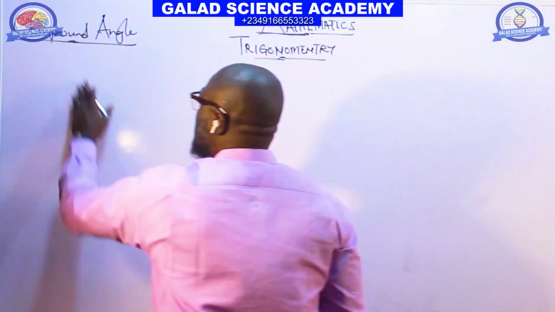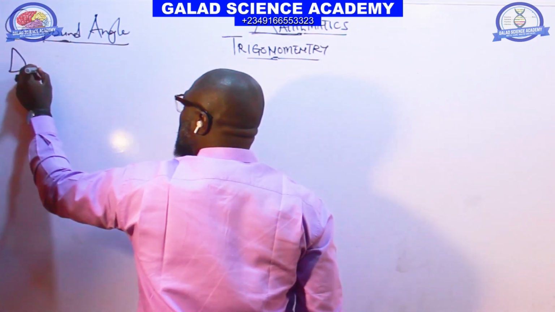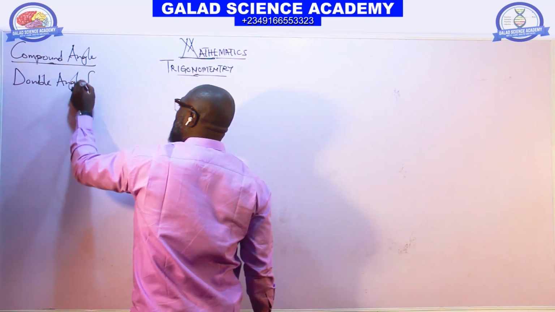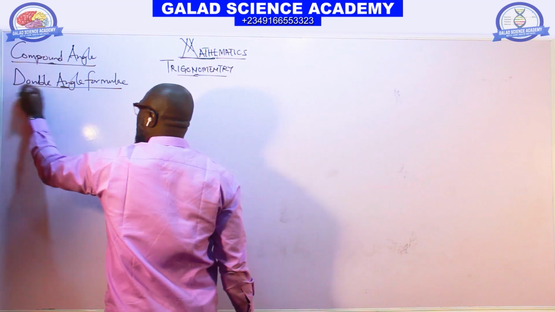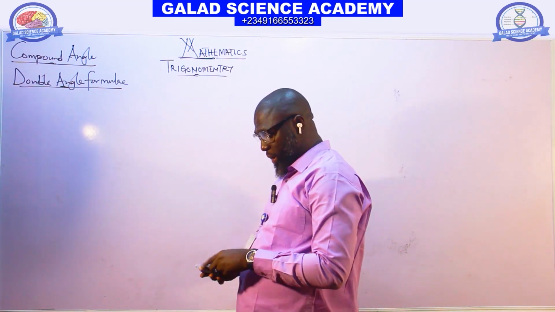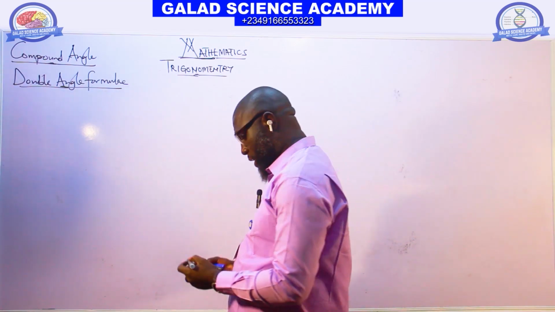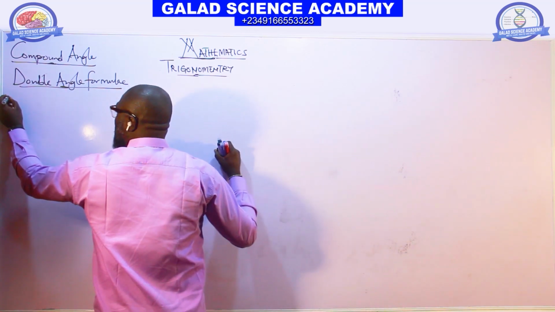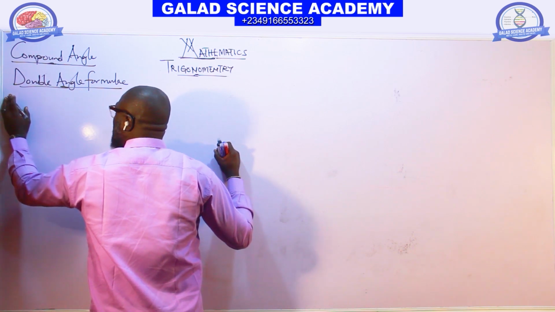The next aspect now under compound angle is the double angle formula. So if you are looking at the double angle formula, just start from the double angle formula.